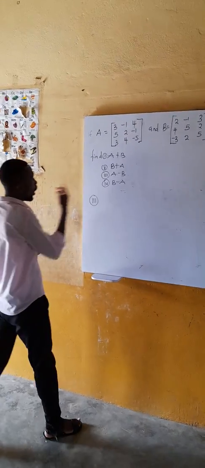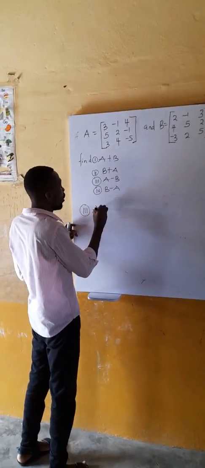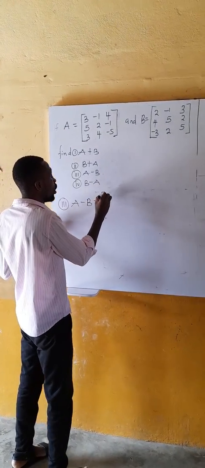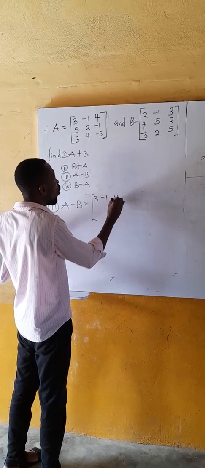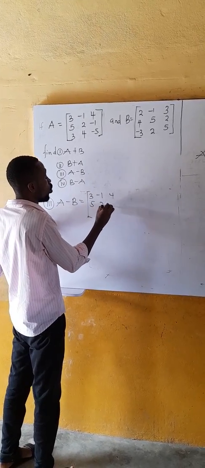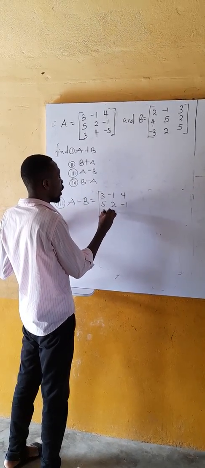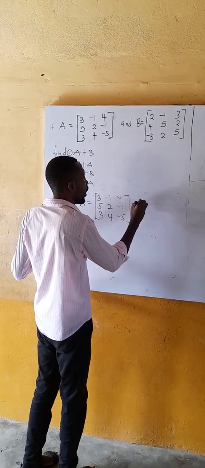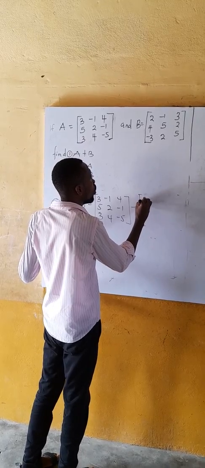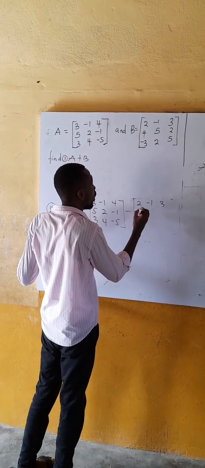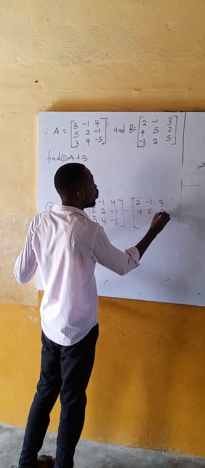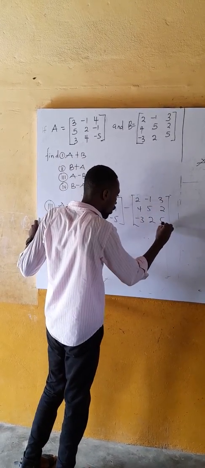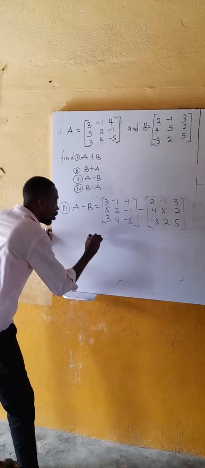So find the third one, A minus B. So what's our A? It is 3, negative 1, 4; 5, 2, negative 1; then 3, 4, negative 5. Minus our B, which is 2, negative 1, 3; 4, 5, 2; negative 3, 2, 5. Remember this time around it is subtraction.